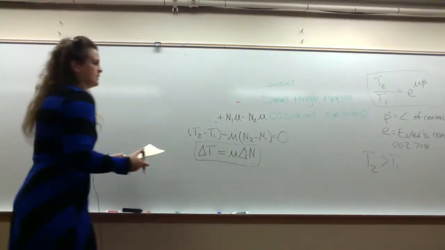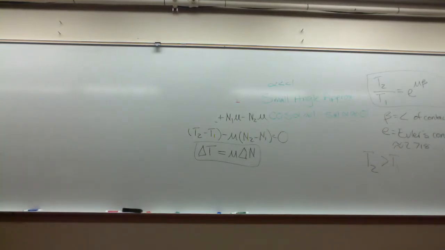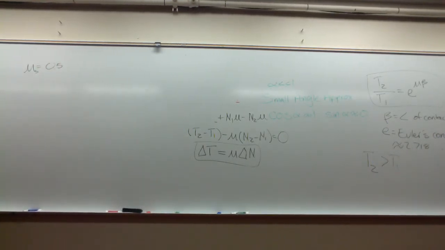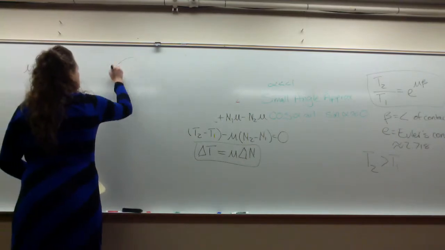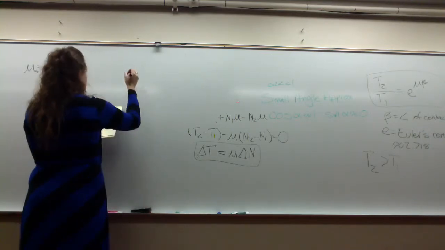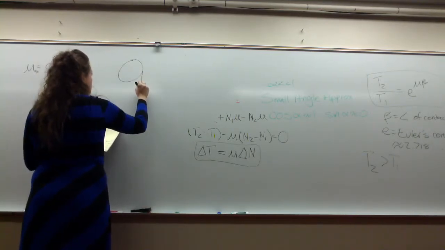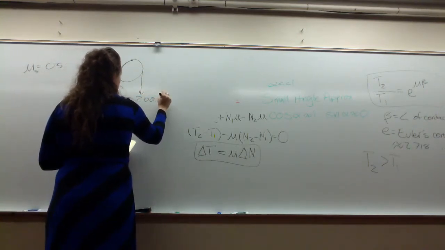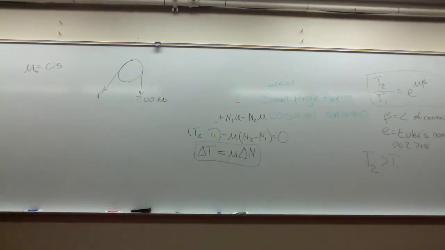Okay? So we were asked to find P. If we were given a coefficient of static friction to be 0.5 on a pulley system, and we have this handy equation, we're given mu, we're given one of these tensions, we need to find beta.